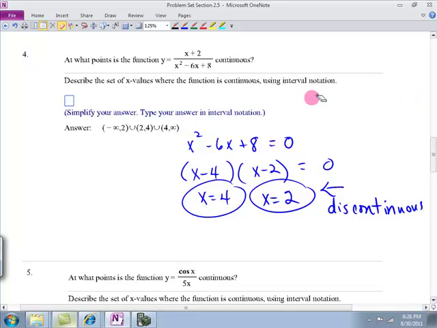So that's where that answer, negative infinity up to 2, and then 2 to 4, and then 4 to infinity. And that's the way you would take care of everything in the world's fine except those points, 2 and 4.